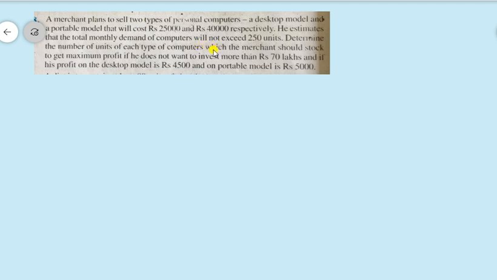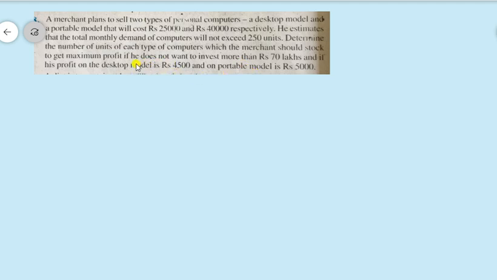When the demand is not more than 250, no one will keep more than 250 units. Determine the number of units of each type of computers which the merchant should stock to get the maximum profit. If he does not want to invest more than 70 lakhs, he can invest a maximum of 70 lakhs only, and his profit on the desktop model is 4,500 and on a portable model is 5,000.